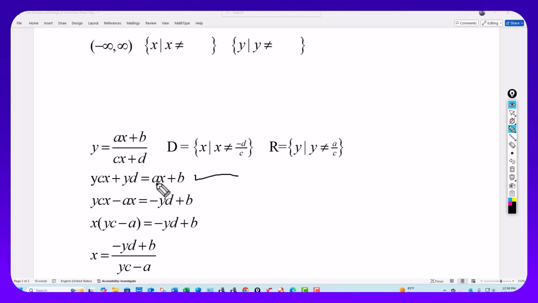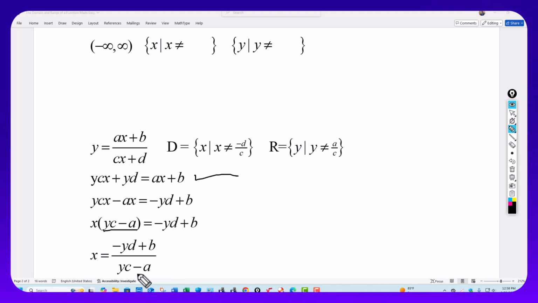And then bring your ax term over, it becomes a minus ax. yd goes over, and then what we're going to do is solve it for x. So here I took out an x, got x times (yc minus a), on the right side minus yd plus b, and then divide by this. I get x is equal to (minus yd plus b) over (yc minus a).